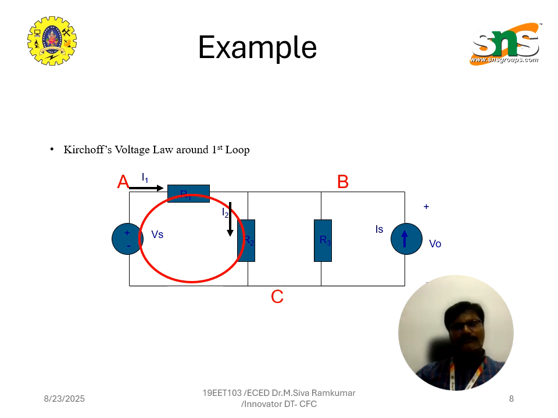Another drop across R2 will be equal to I2 times R2. By KVL, the algebraic sum is zero, so we can write Vs minus I1 R1 minus I2 R2 equals 0. This is how we systematically apply KVL: by assigning current directions, applying Ohm's law, and then balancing the voltage rises and drops across the loop.